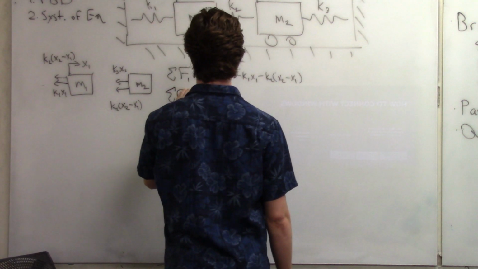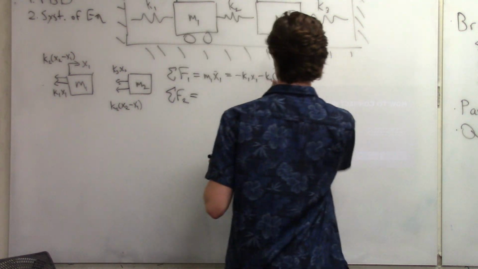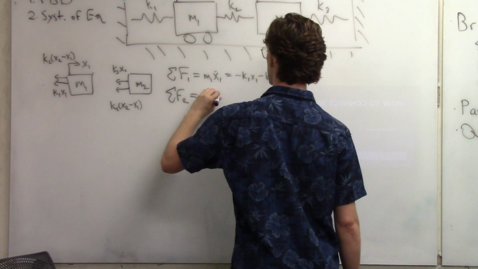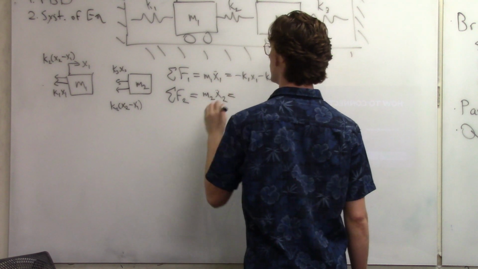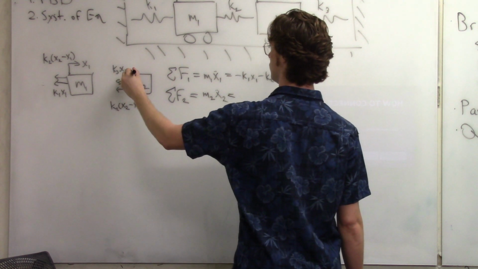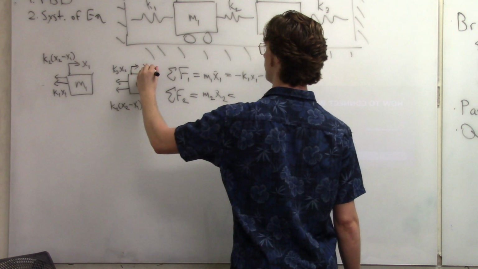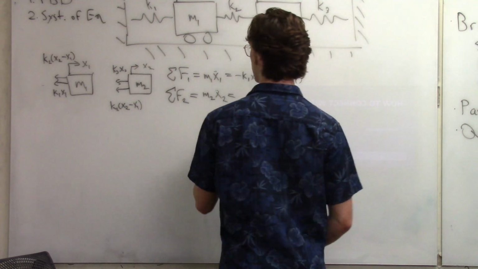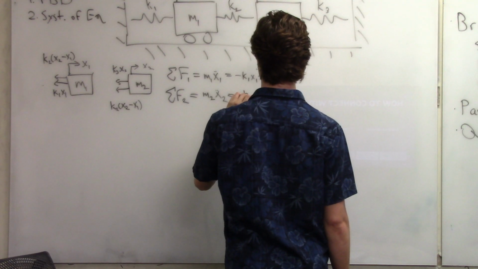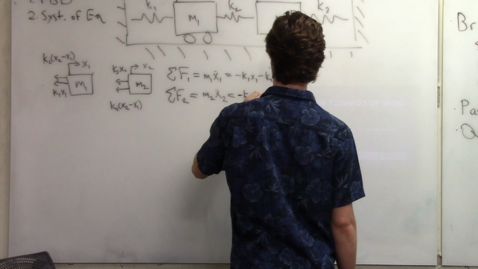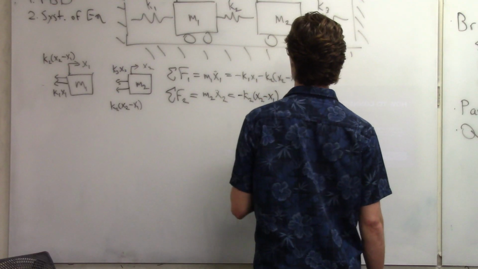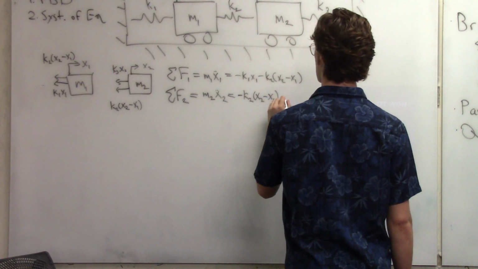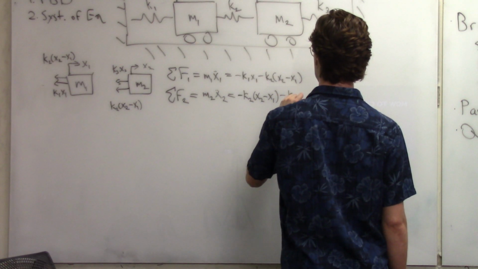Let's write the second one. The sum of the forces on body 2 is going to be m2 x2 double dot. Notice how x2 is also to the right, and these forces are going to the left, therefore they're both negative. Therefore, we're going to have minus k2 times x2 minus x1, and then minus k3 x2.